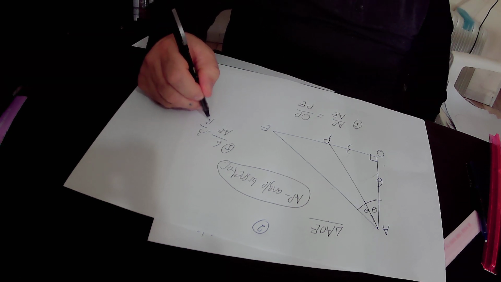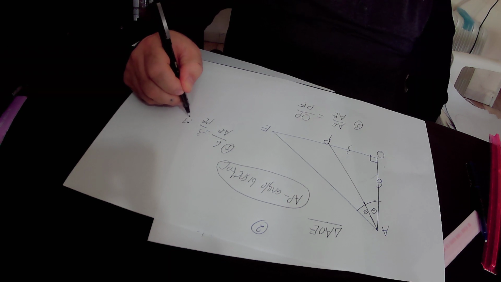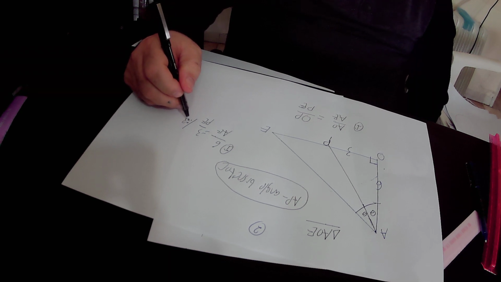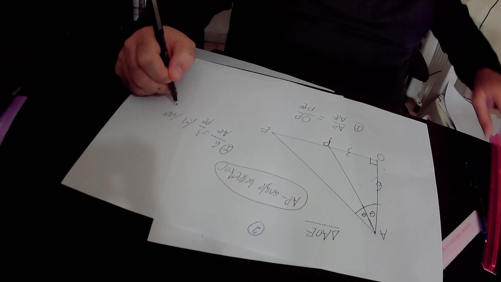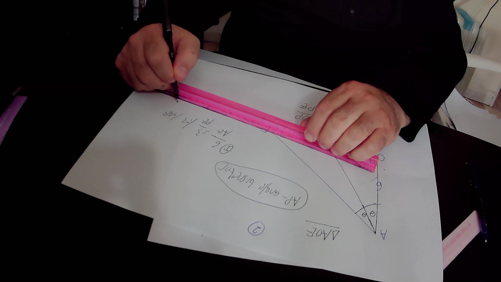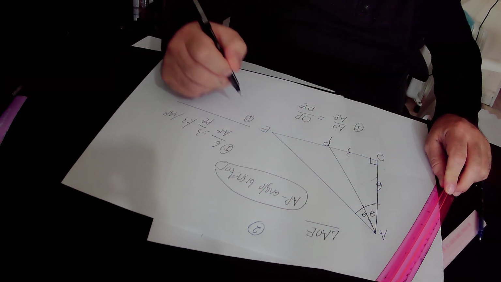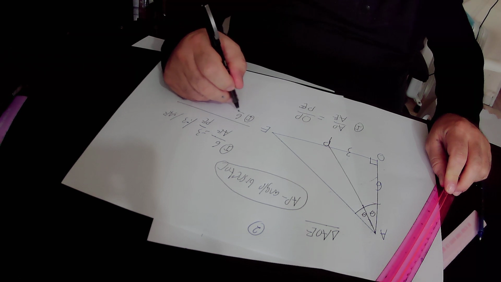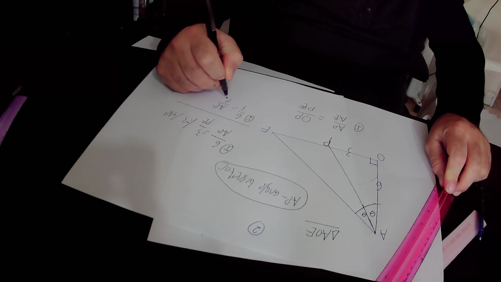PE is PE. Here we will divide this equation by 3, and we will multiply it also by AE, and we will get that according to equation number 1, 6 over 3 equals AE over PE.